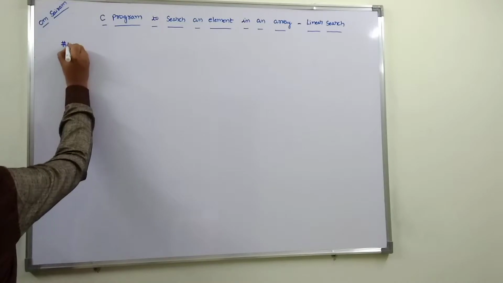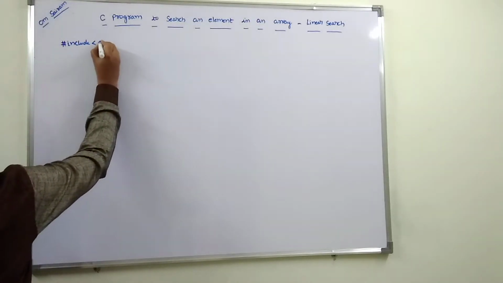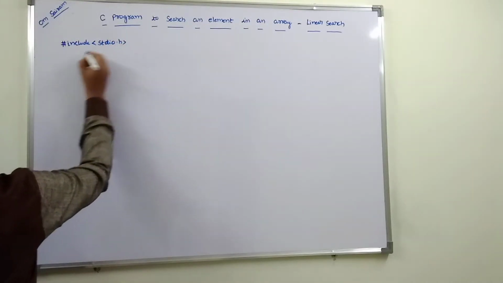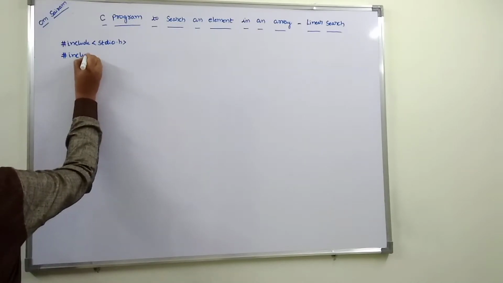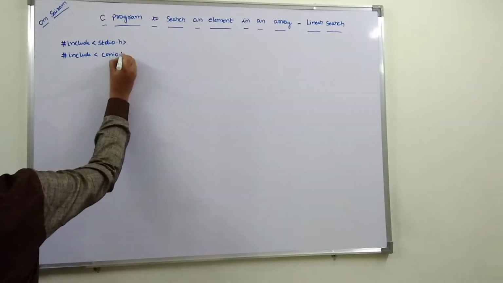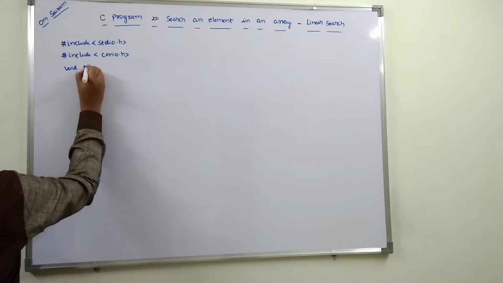Hash include stdio.h, hash include conio.h, void main.